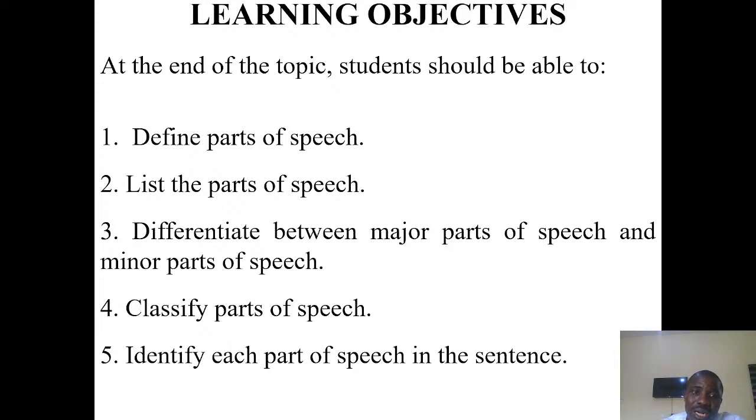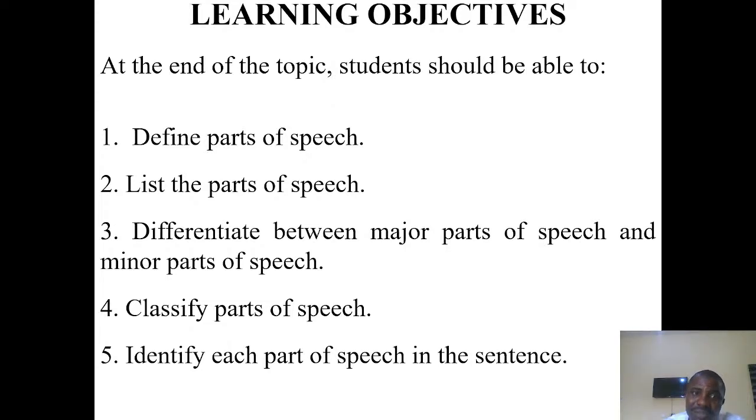Then the fourth one is to classify parts of speech. Very, very important. Number four and number five. In number four, you need to classify the parts of speech: within a particular part of speech, what are the types?